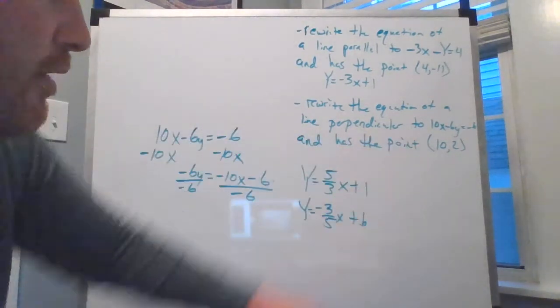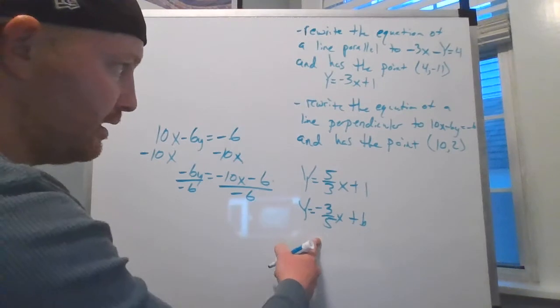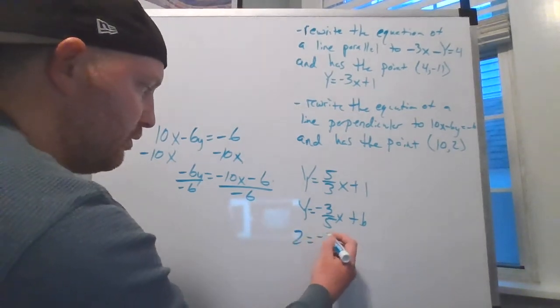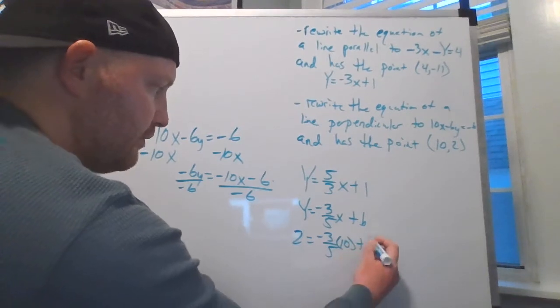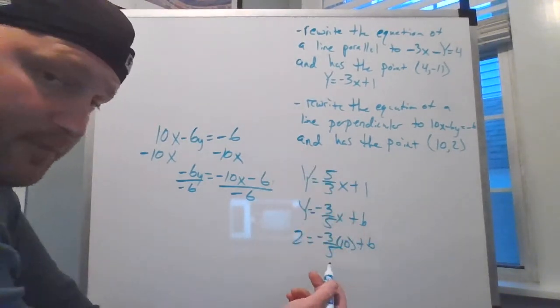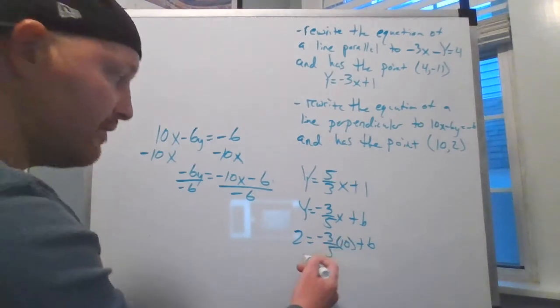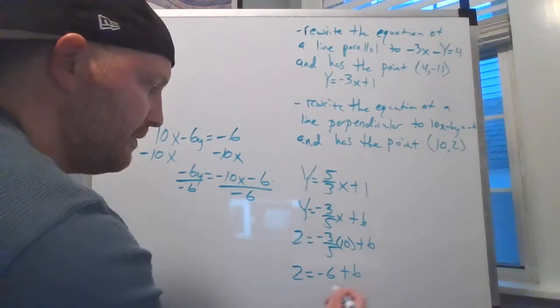And it has this point, (10, 2). So here we go. 2 equals negative 3 over 5 times 10 plus b. Well, negative 3 times 10 is negative 30. Negative 30 divided by 5 is negative 6. 2 equals negative 6 plus b.